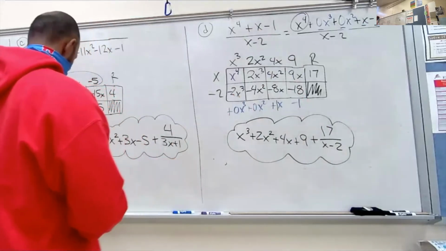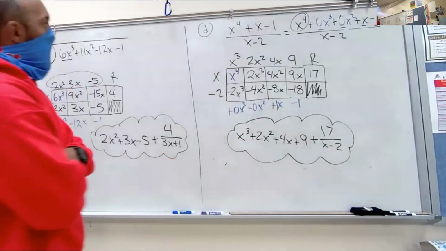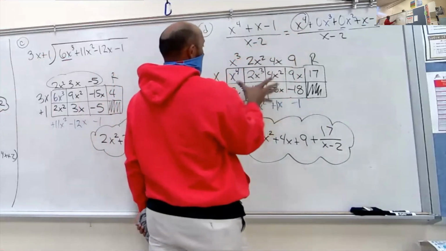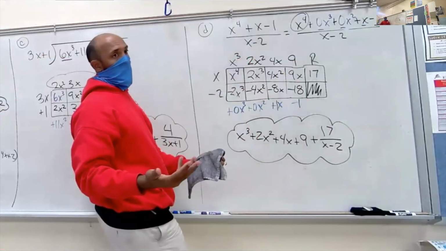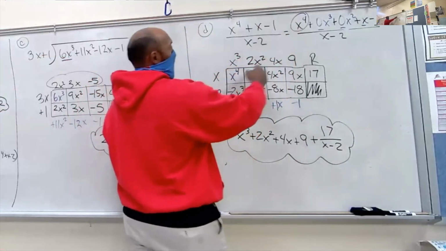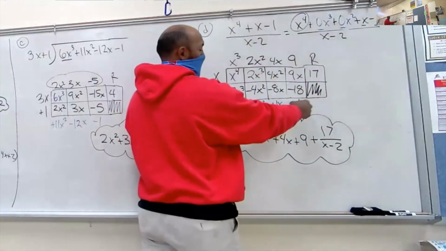How do you know how many boxes to do? Do you count the number of exponents? So you start with that first term when you set it up. The question is, how do I know how many boxes to set up? Well, I start with the first term, I put it in there, and then the remaining terms determine how many boxes you have after that.